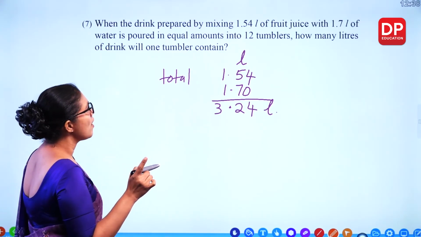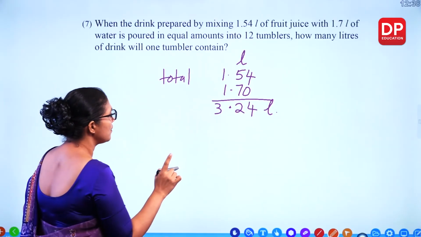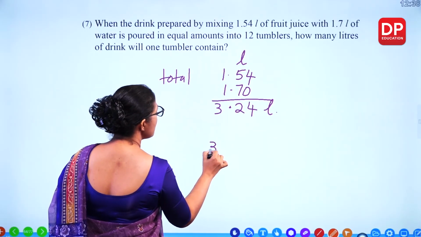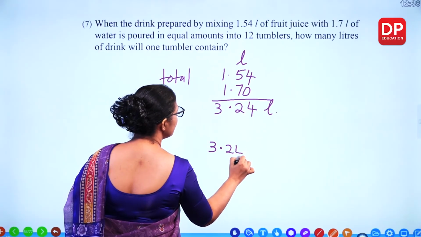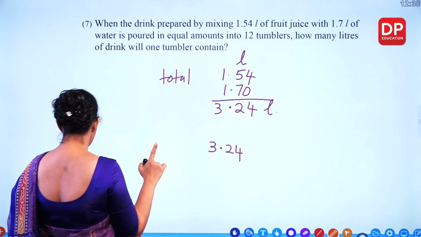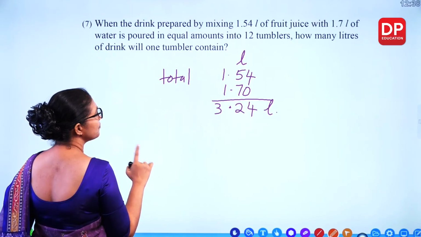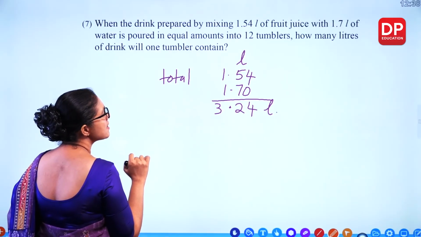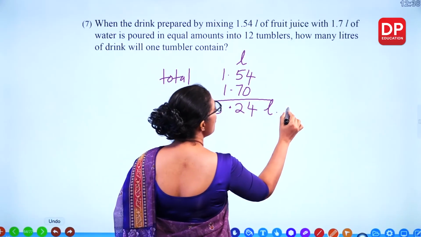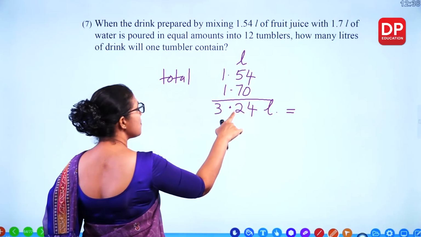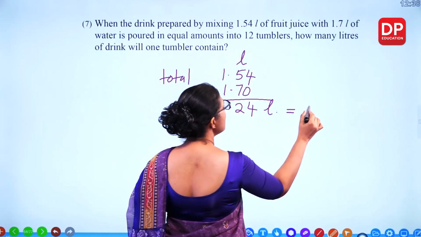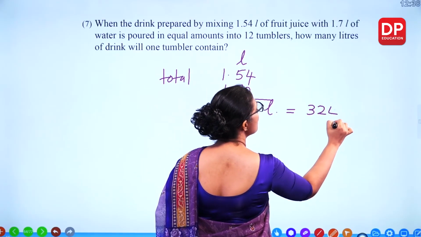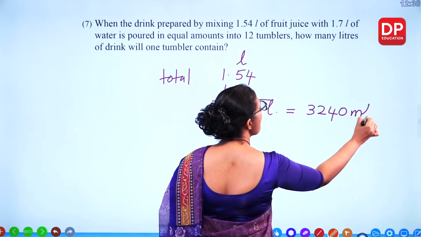Now divide into 12 tumblers. So that means you have to divide this by 12. So long division. Or you can first convert to milliliters. 3.24 is same as multiplied by 1000, 3240 milliliters.